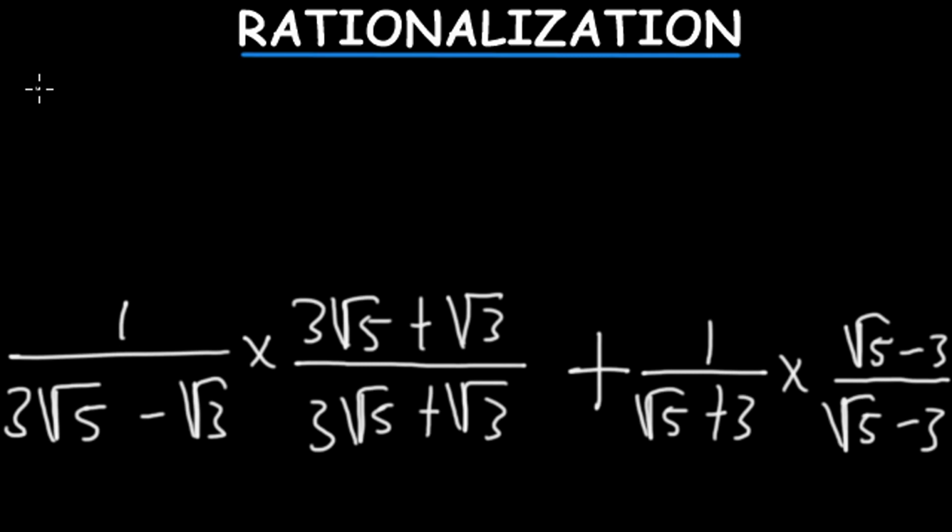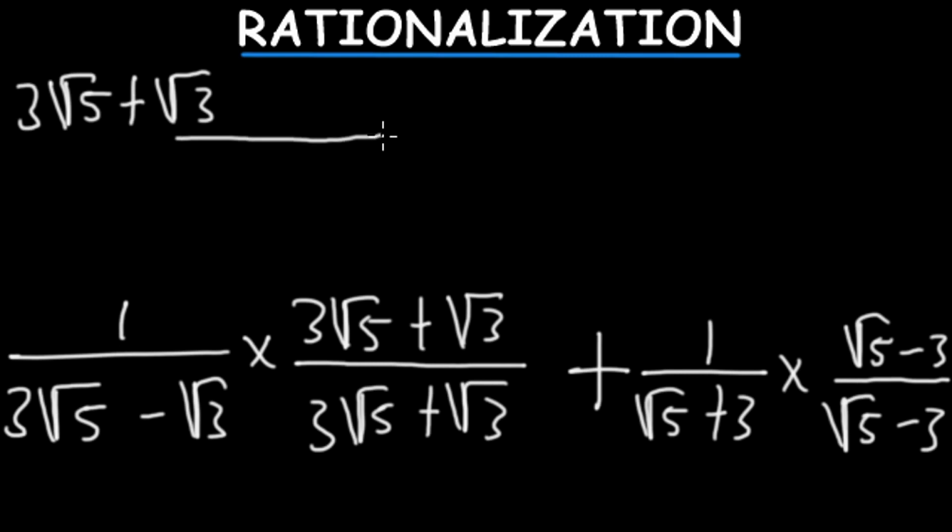This means we are going to have 3 root 5 plus root 3, all divided by, so 3 root 5 times 3 root 5 becomes 9 times 5, and 9 times 5 is 45. So we have 45. Now 3 root 5 multiplied by positive root 3 becomes 3 root 15.